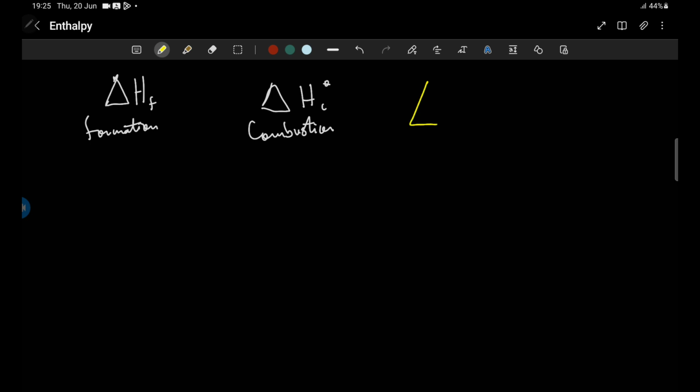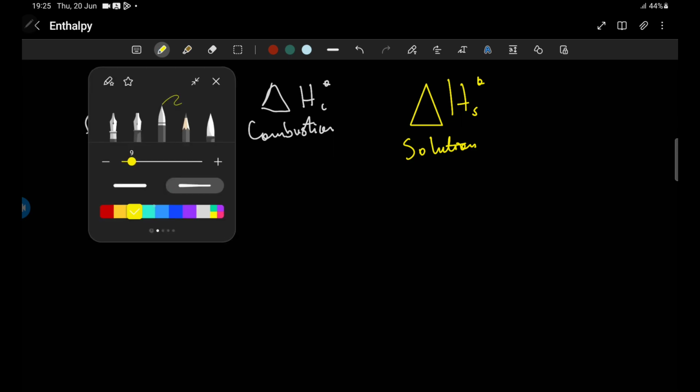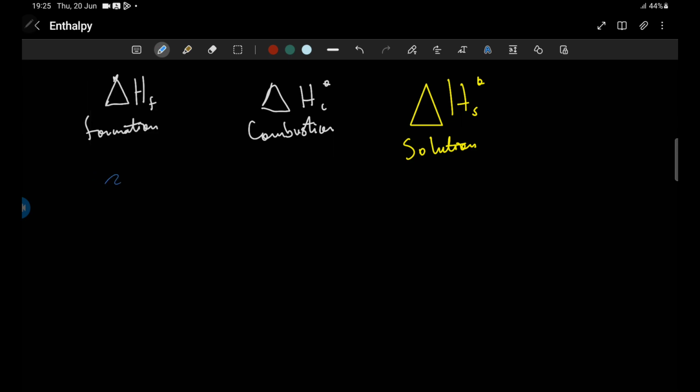Up next, we have the heat of solution. We also have what we refer to as the heat of neutralization.